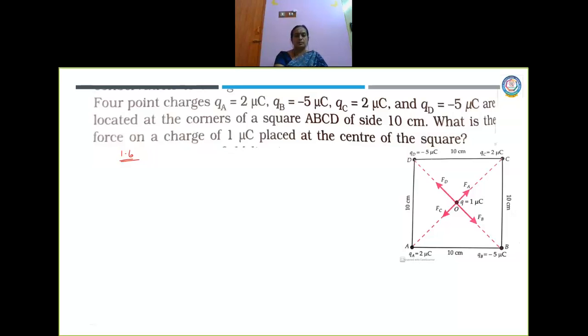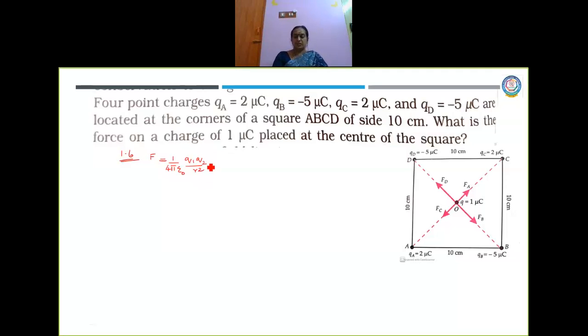Now according to Coulomb's law, what is the formula? F is equal to 1 by 4 pi epsilon naught Q1 Q2 by R square, right?